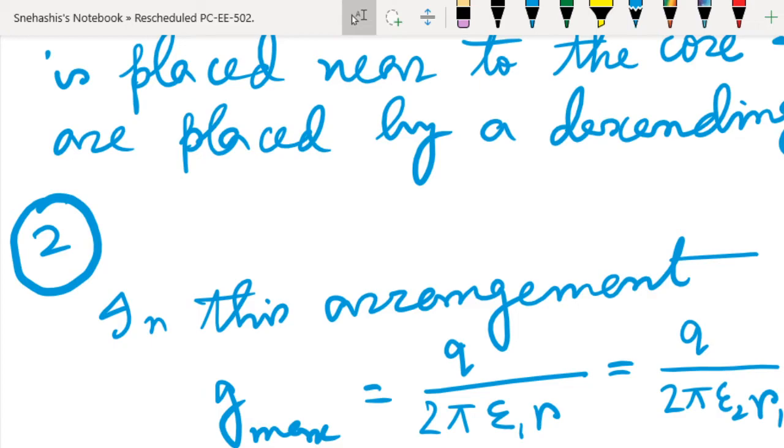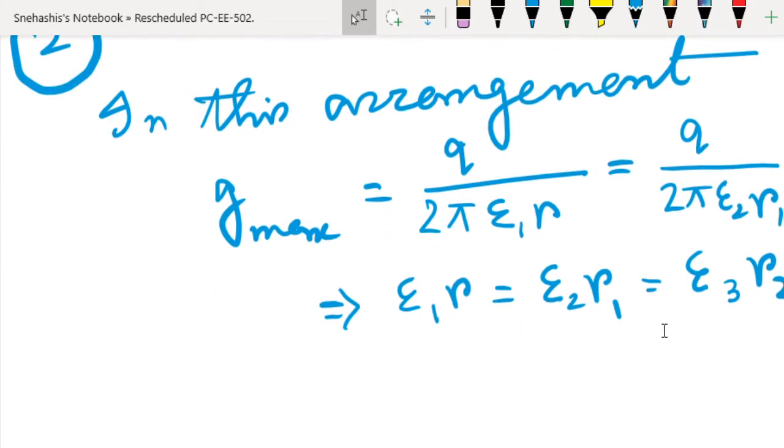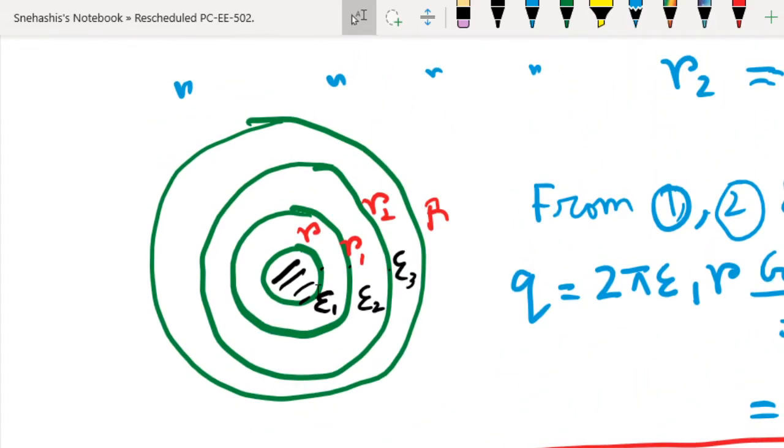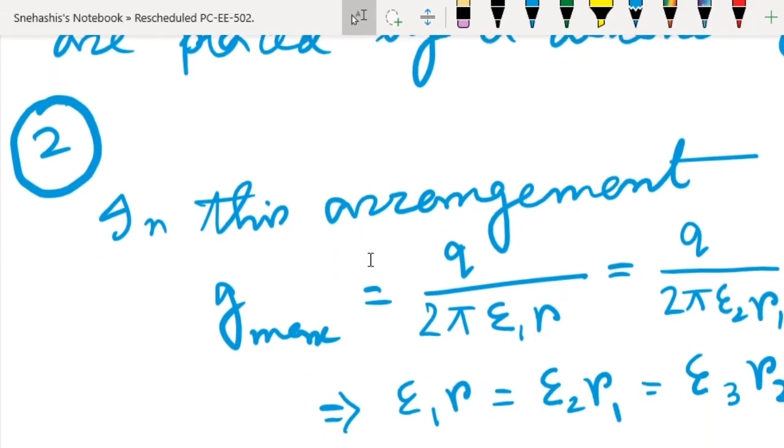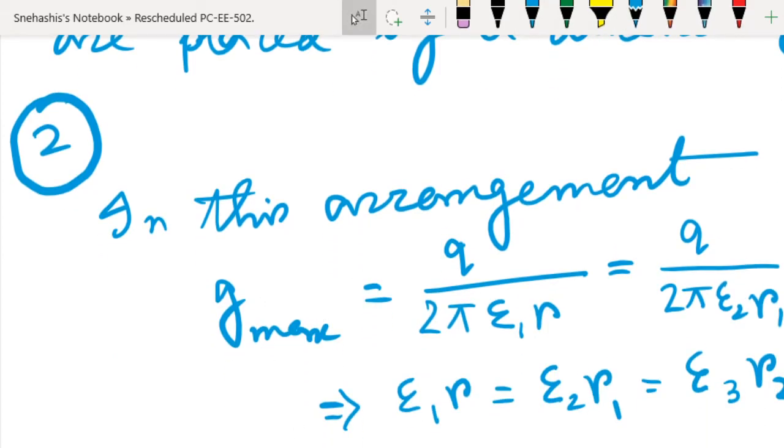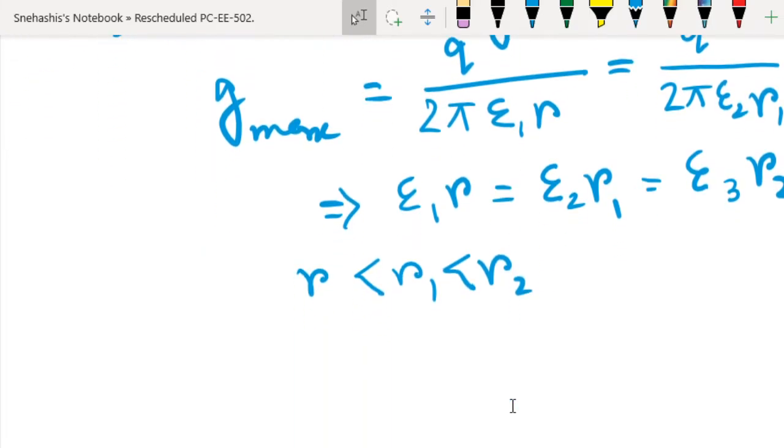Okay, so from the diagram we have that r is less than r1 less than r2. For your convenience I am drawing the diagram over here too.